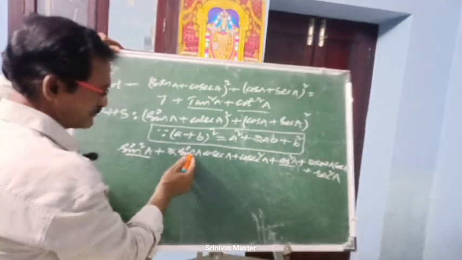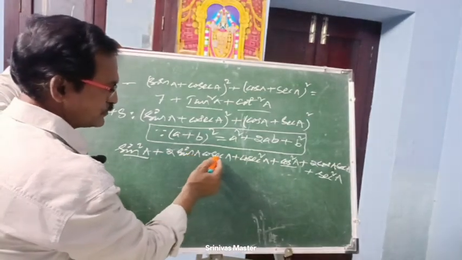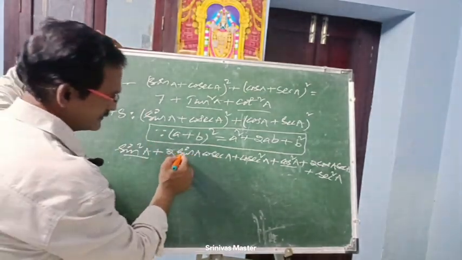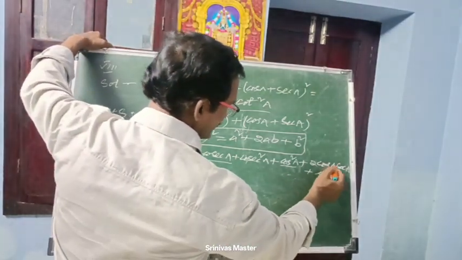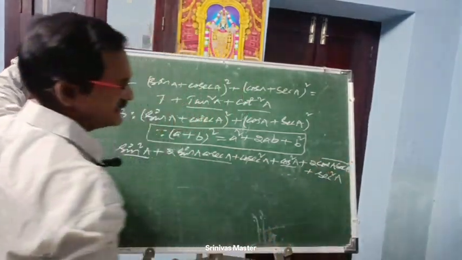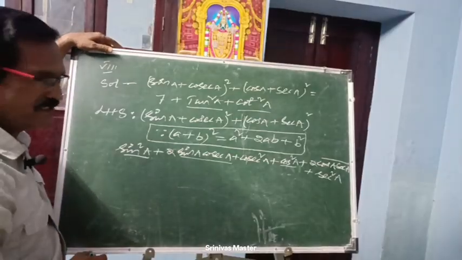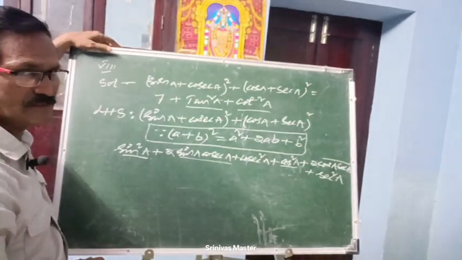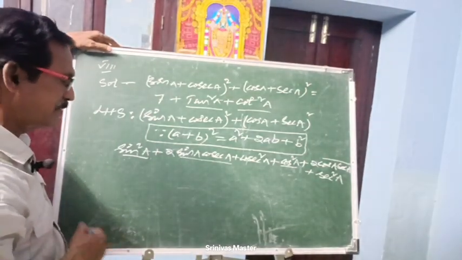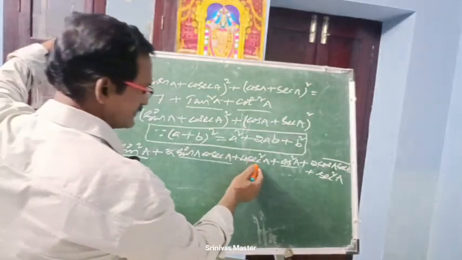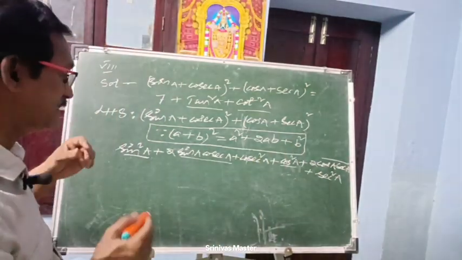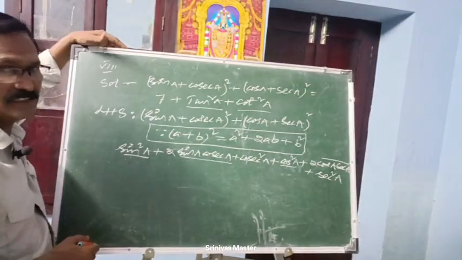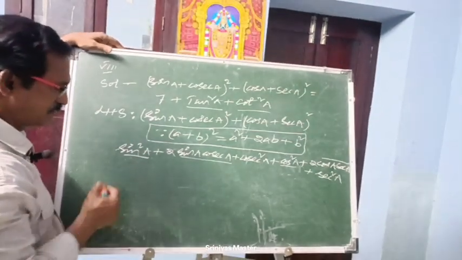Sin A into cosec A equals 1. Next, cos A into sec A, cos and sec are reciprocal to each other, so that result is also equal to 1. Then remaining are cosec square A and sec square A. That has to be expanded, so we have to take the trigonometrical identity.